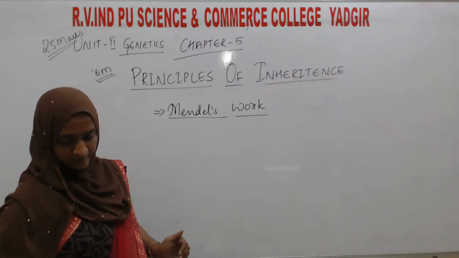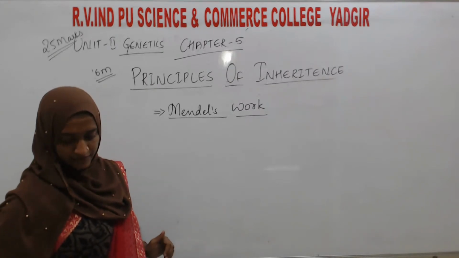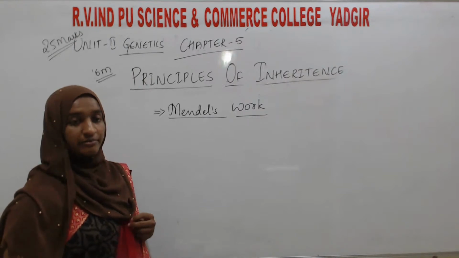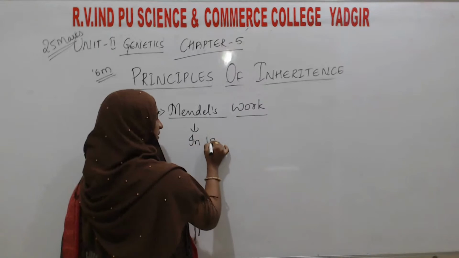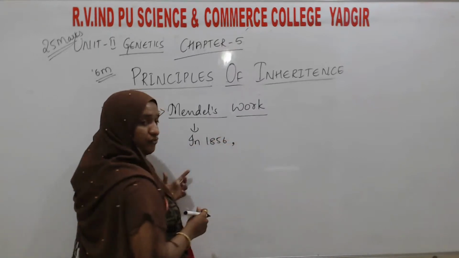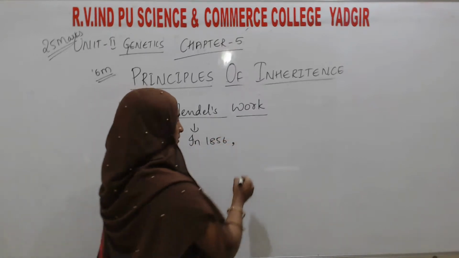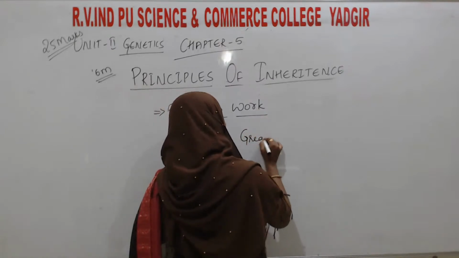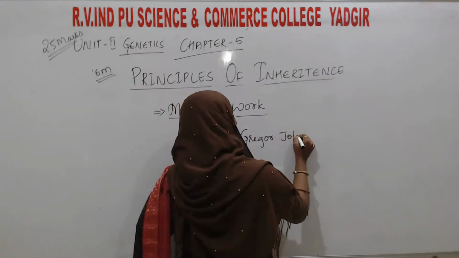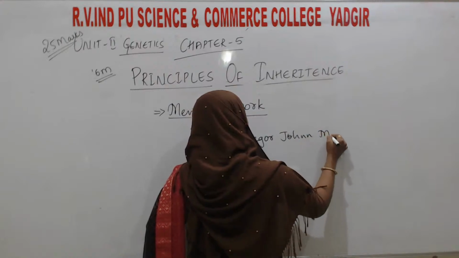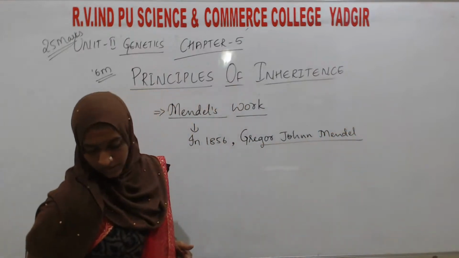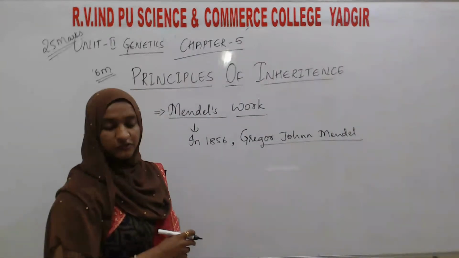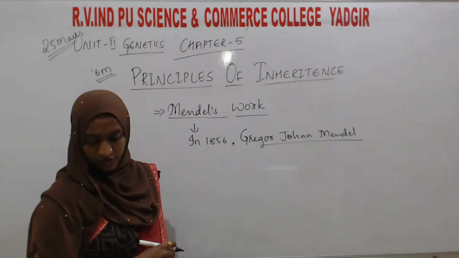In the year 1856, Gregor John Mendel, whose full name is Gregor John Mendel, became famous for his work. What was his work?